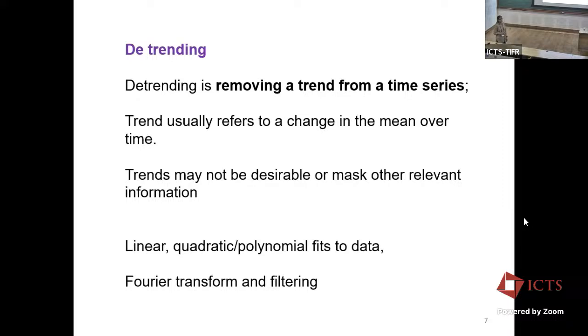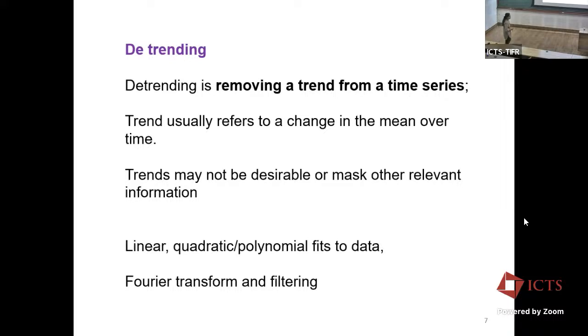And in some cases, the trend need not be linear. This may not be desirable because they can mask other relevant information, and the trend can be linear, quadratic, or polynomial. So what we do is we fit a polynomial to the data, and then that fit is subtracted from the data. Then what remains will be your data without the trend.